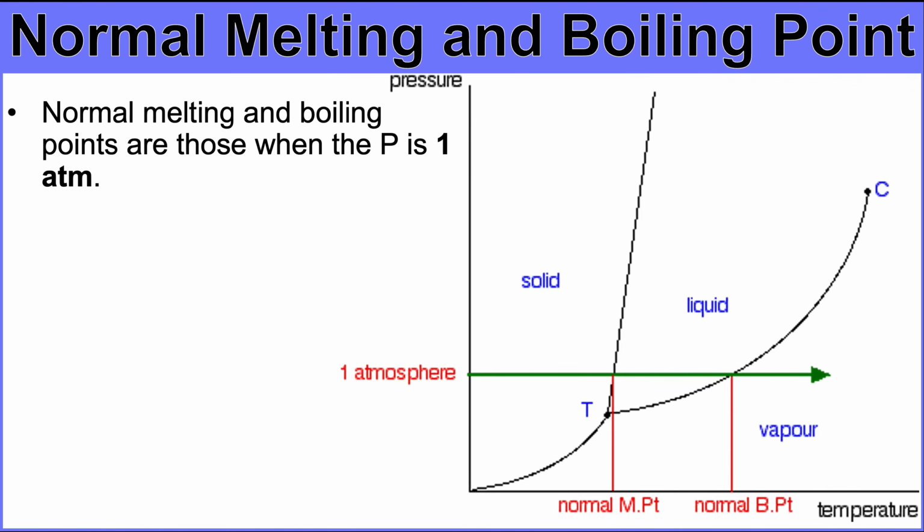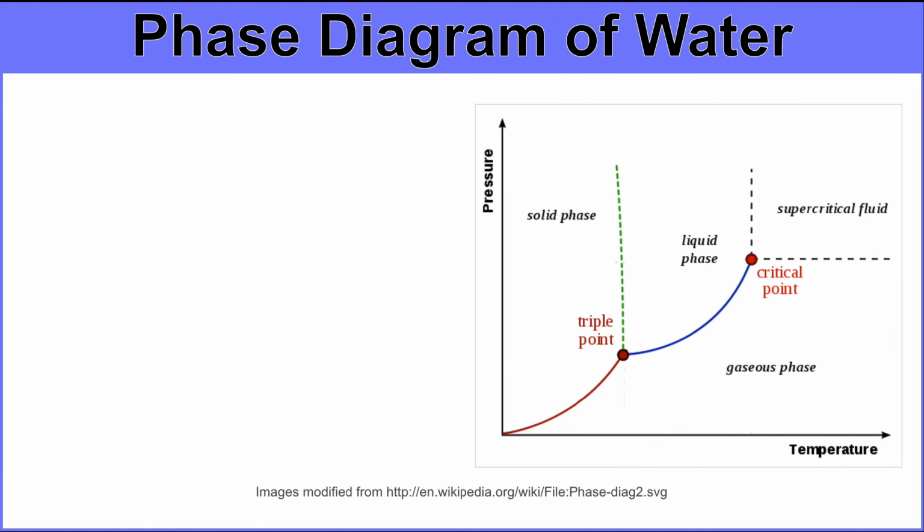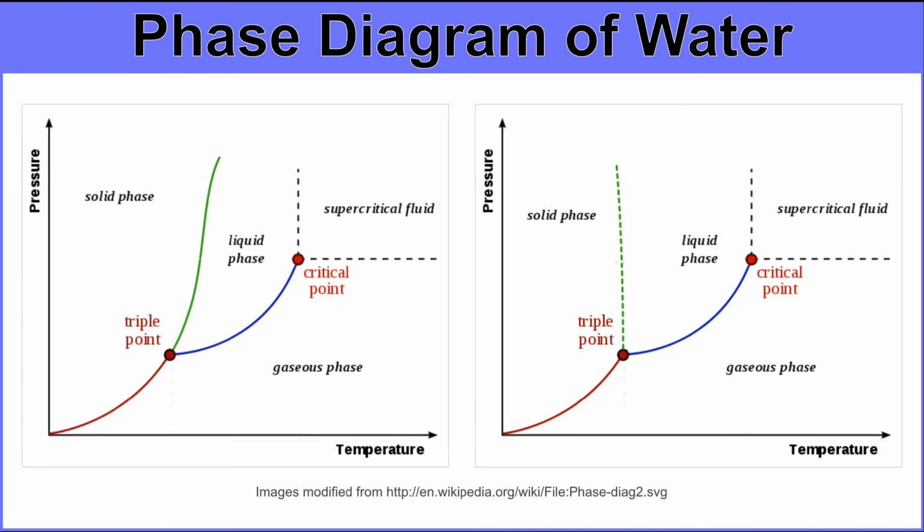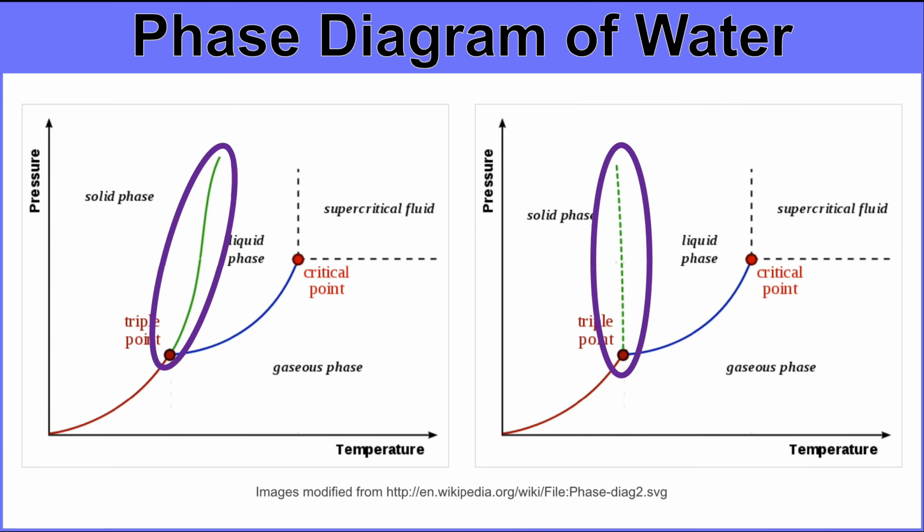So now, what does a phase diagram of water look like? It looks like this, okay? And this is the broken line that I have shown you a while ago. There is only one difference between this and the usual phase diagram. If you notice, it's this one.